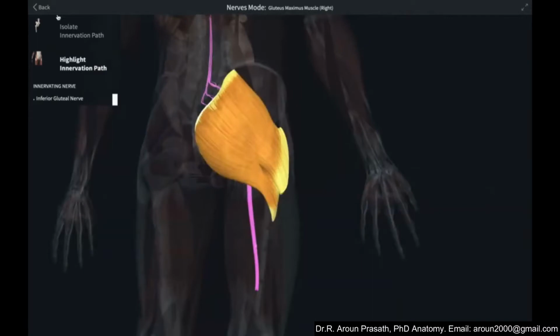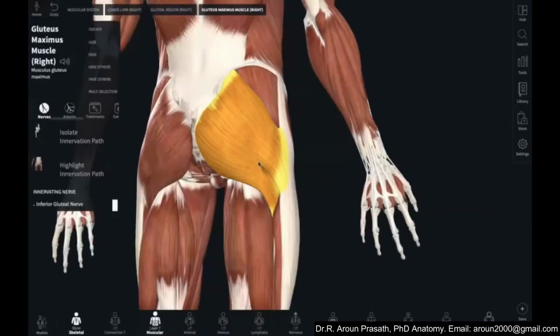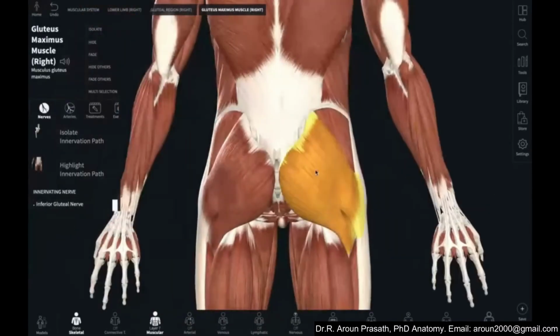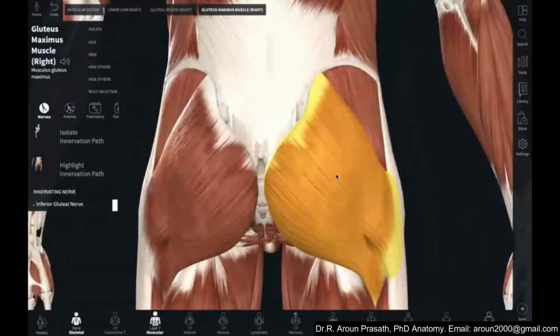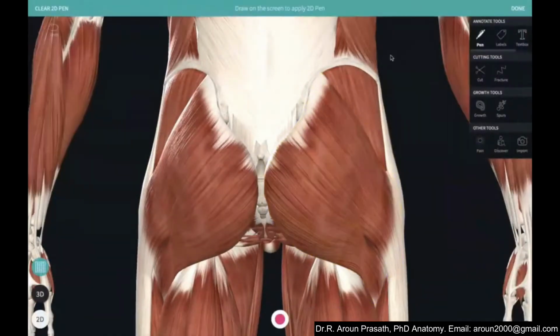The inferior gluteal nerve is a nerve supply, and to give intramuscular injection, you use this region. Whenever you do intramuscular injection, you need to divide this area into four quadrants.